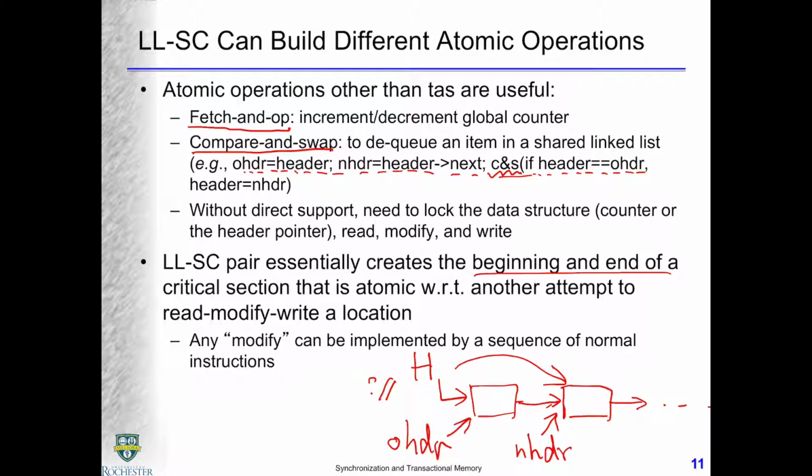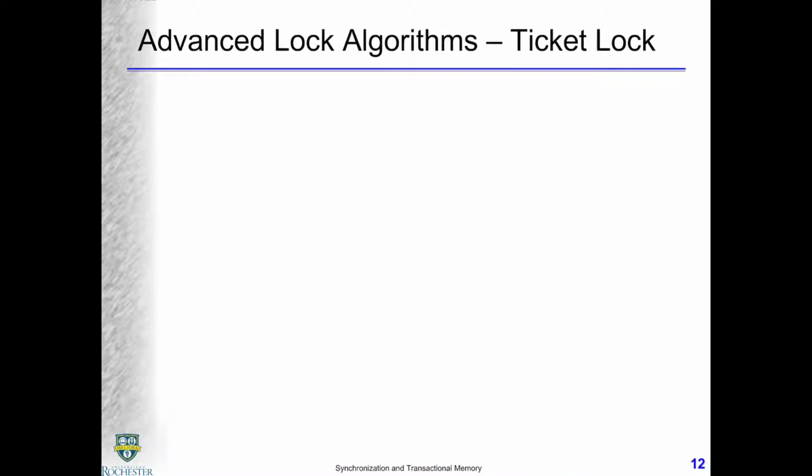We're not going to assume test and set as an instruction. It's possible you may have a machine that uses test and set, but it's more likely that the machine, or a well-designed one anyways, will use load link store conditional as a very generic and very flexible means of giving you the capability of test and set.